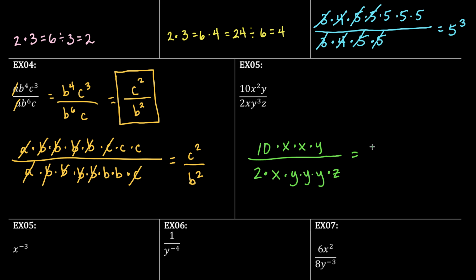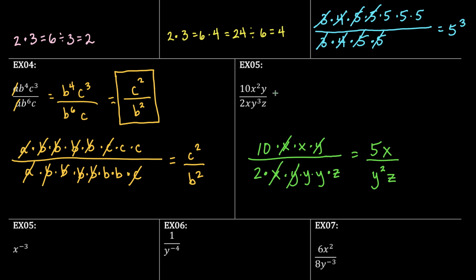So 10 divided by 2 is 5. X over x becomes 1. No more x's on the bottom, so y and y. And there's no z's on top. So I end up with 10 divided by 2 is 5, I have x over, I have y to the second power, and I have z.